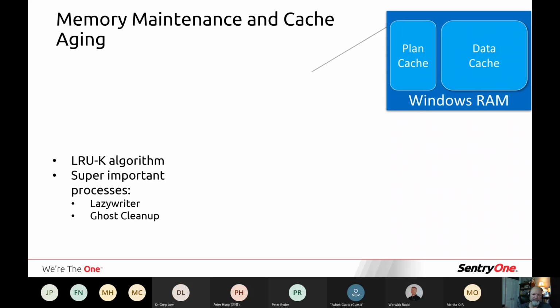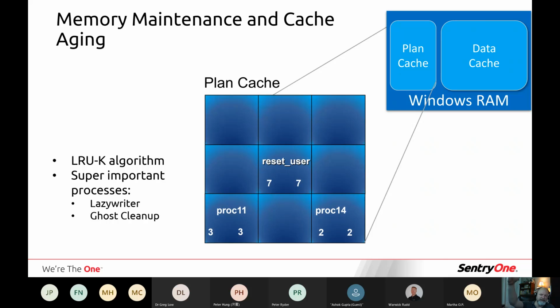Okay. And so again, from the big diagram, we had the Windows RAM buffer pool, which is divided not just into the data cache and the plan cache. And we could think of those as having probably, it varies a little bit, but we could think of the data cache as being like 70% of SQL Server's memory allocation, and the plan cache as being 20, maybe 25%.